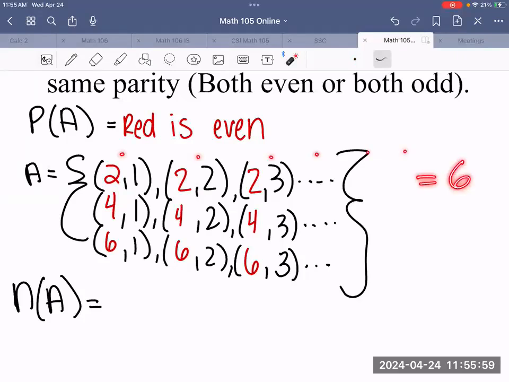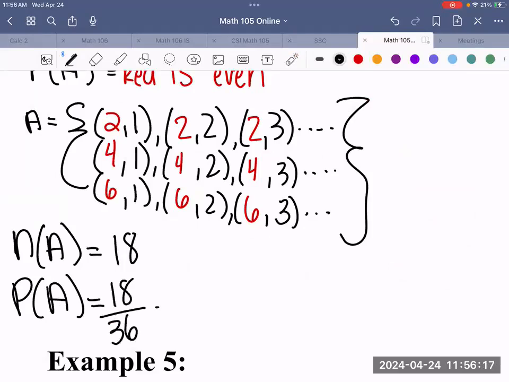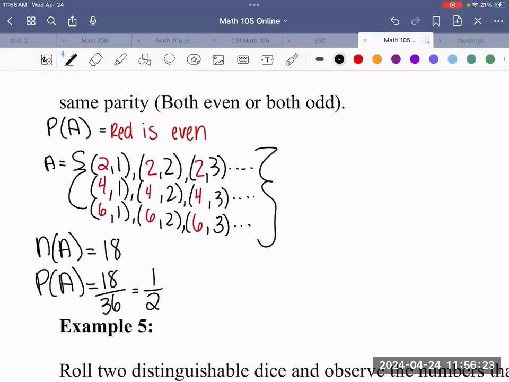Doing it again for 4 gives another 6, and again for 6, another 6. So 6 plus 6 plus 6 is 18. The probability of A, that red is even, is 18 out of 36, so 1/2.